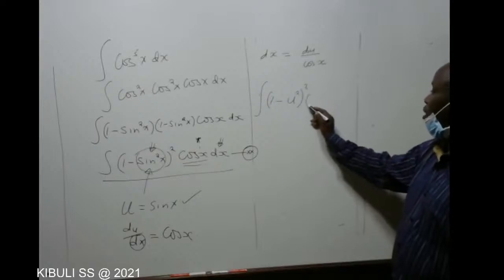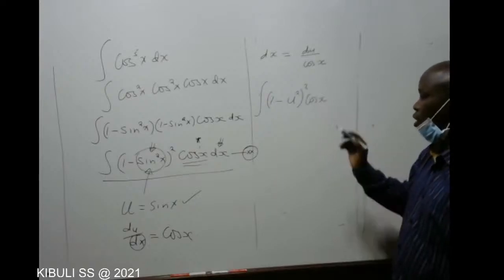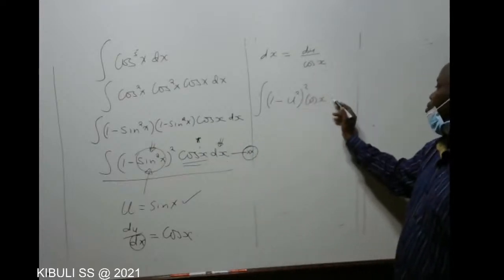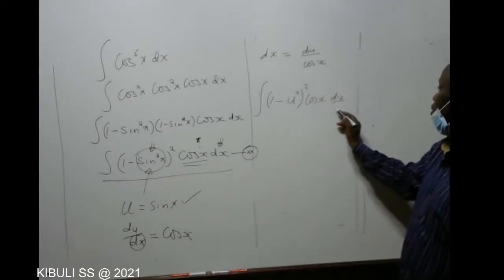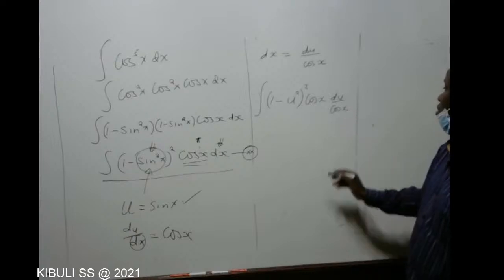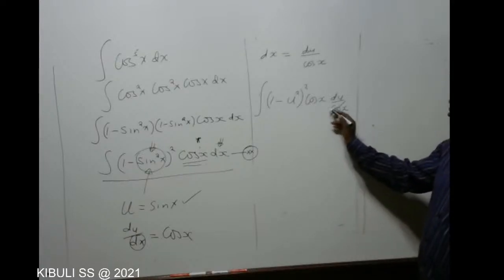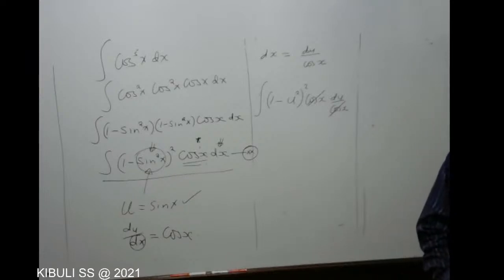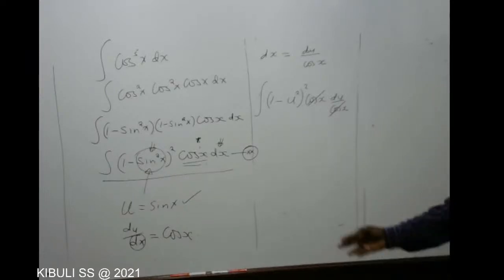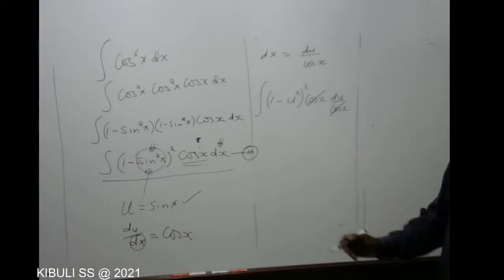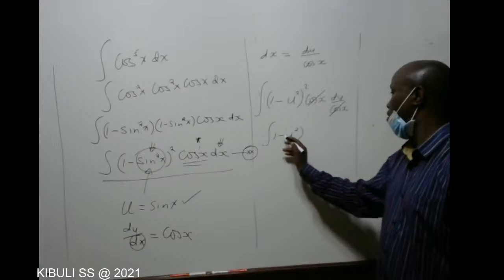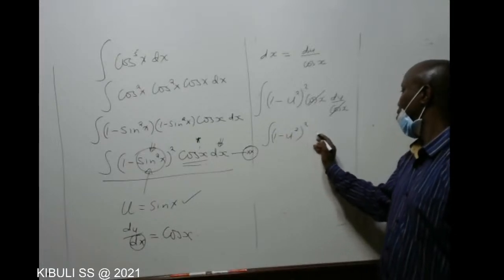But cos x was the derivative, so we ignore it also. Then dx, which we have here as du divided by cos x. Cos x cannot survive because, as I said, it's the derivative. The derivative cannot survive at this level. Finally, we are ending up with only what? 1 minus u squared, all squared, du.